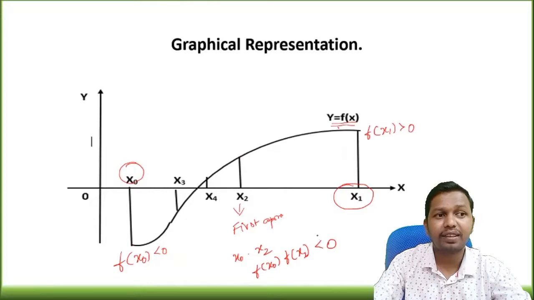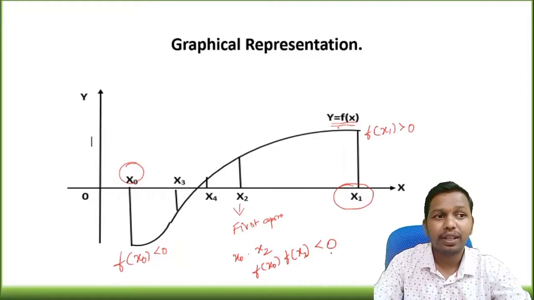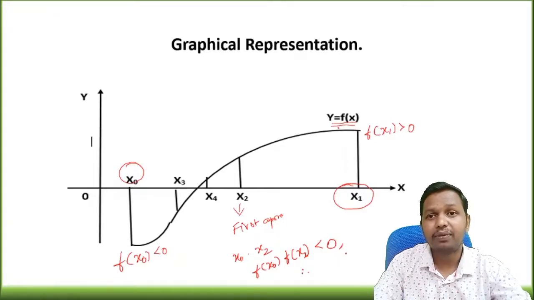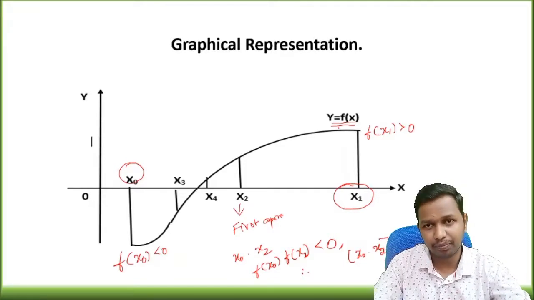Therefore, the product is clearly negative. If we take x2 and x1, both are positive. Both the functional values are positive. Therefore, this condition fails. Therefore, we have to apply the intermediate value theorem for the interval x0 and x2.